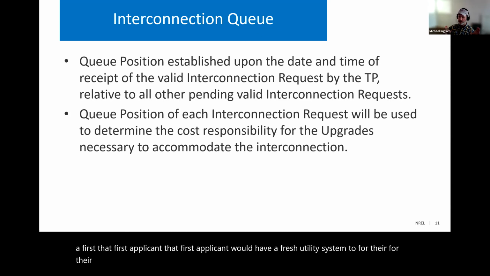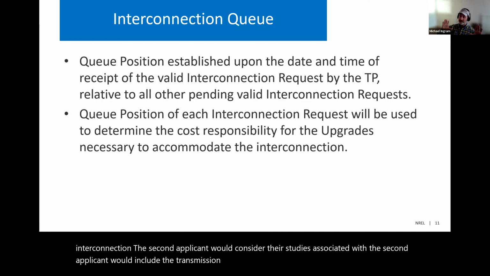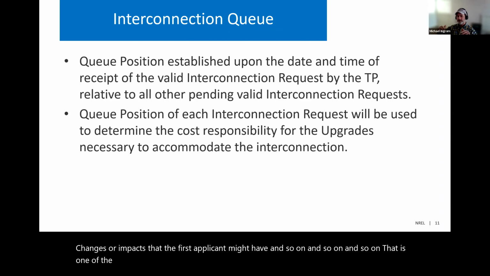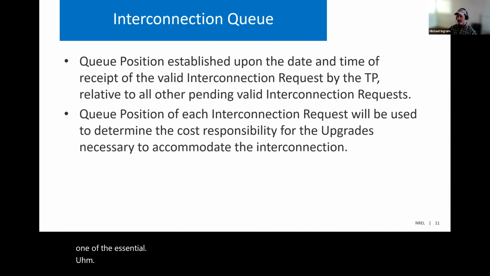The second applicant's studies would include the transmission system plus any changes or impacts that the first applicant might have, and so on and so on. That is one of the essential considerations of the queue.